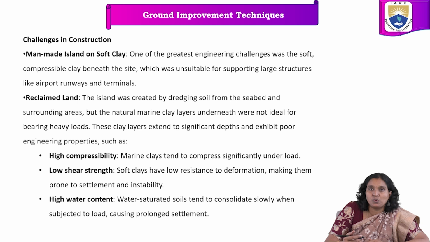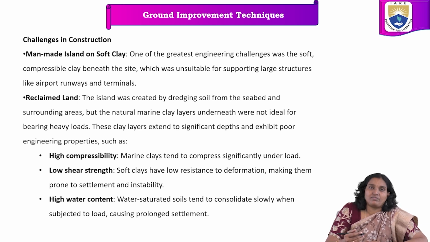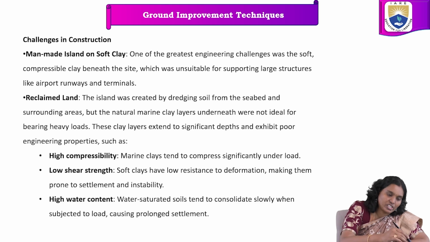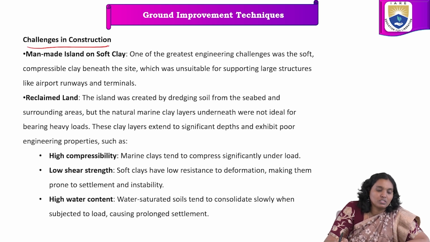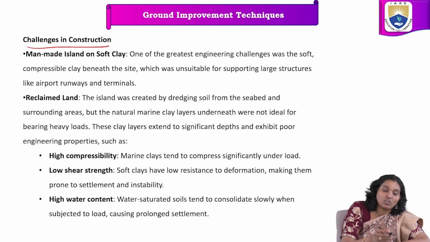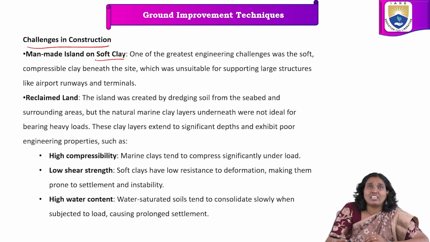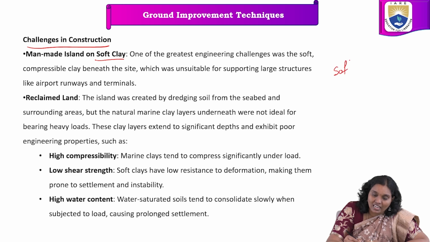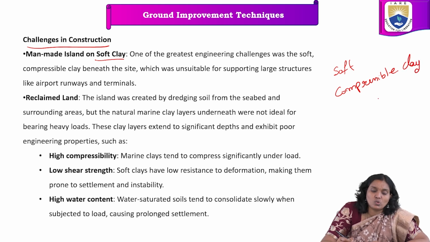So once we choose, what challenges are we facing in this particular construction? In building a man-made island on soft clay, one of the greatest engineering challenges was the soft clay, which is compressible and unsuitable for supporting large structures.